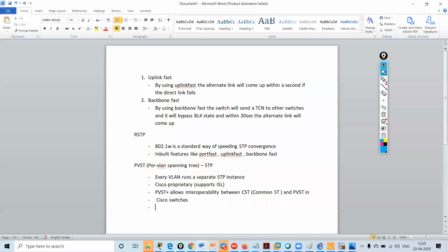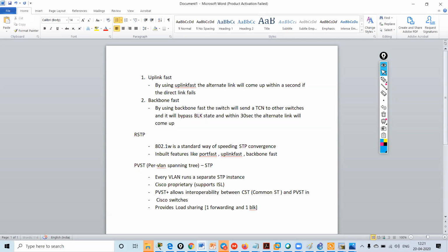Got it? What it does is provide load sharing. One port will be in the forwarding state and another port will be in the blocking state. One forwarding and one blocking.